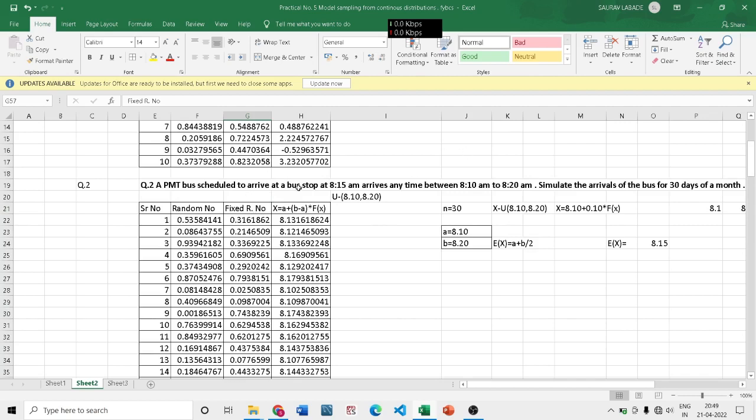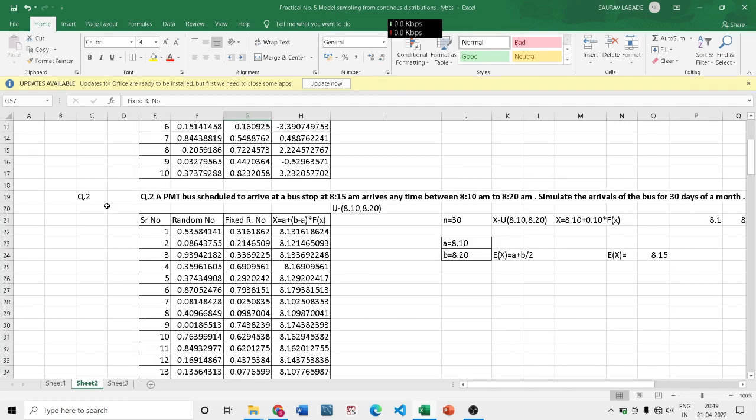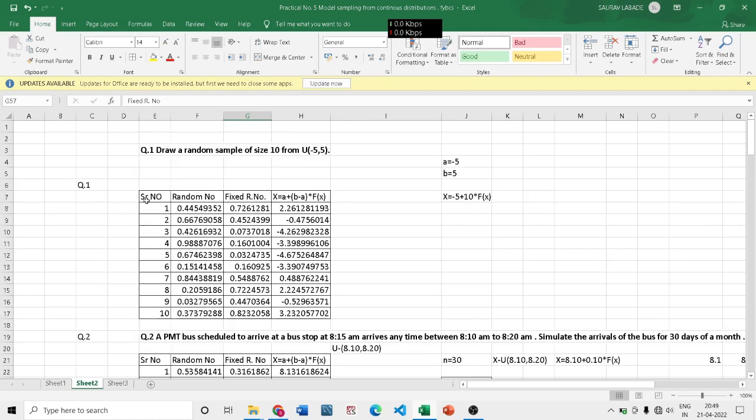Now remember one thing, guys. In these first two examples, you will not necessarily get the same random numbers as me. You may get some different random numbers, but there is only one condition.